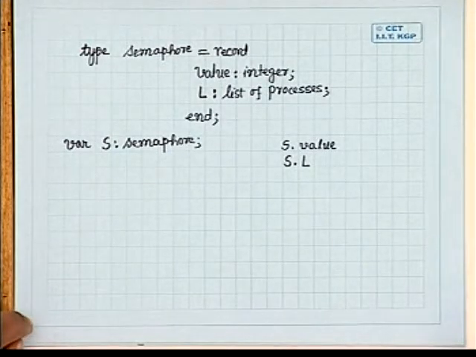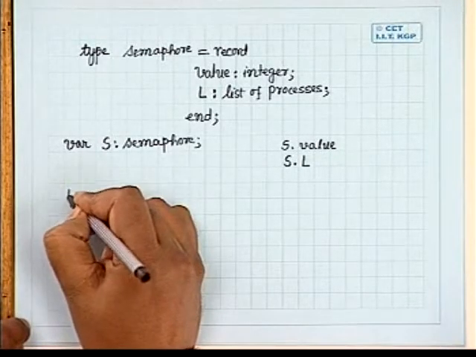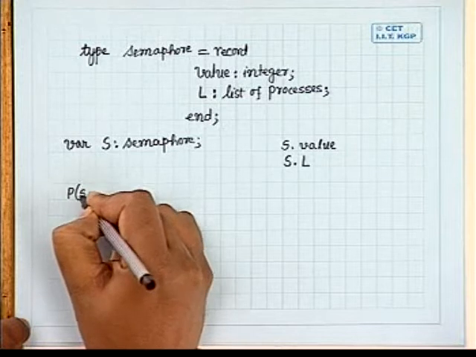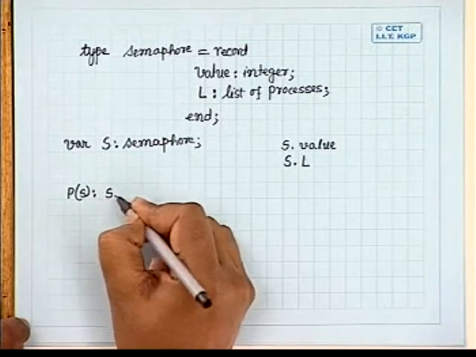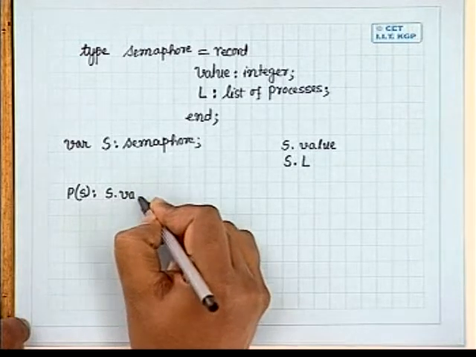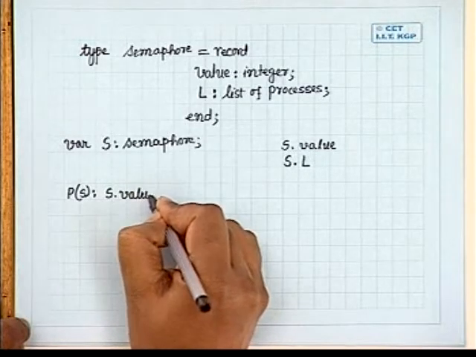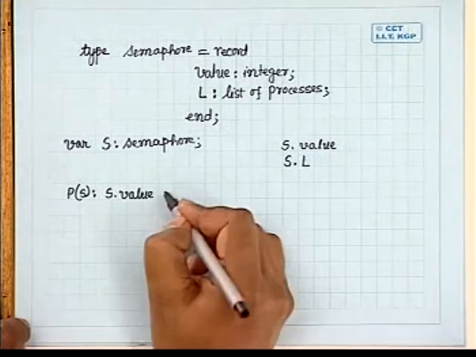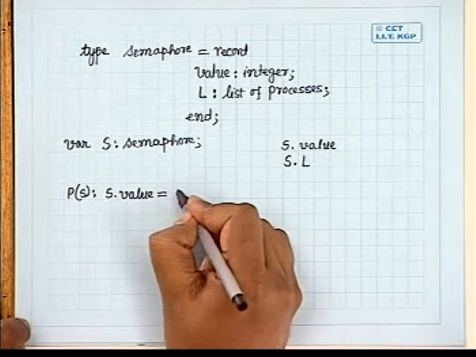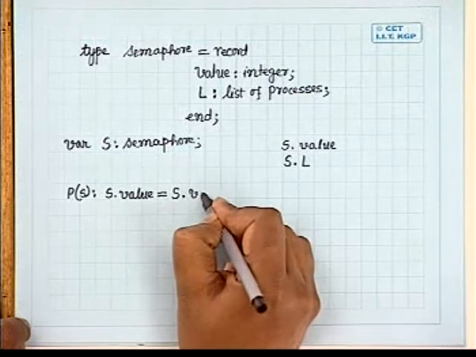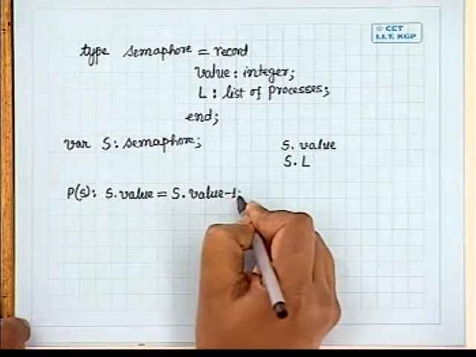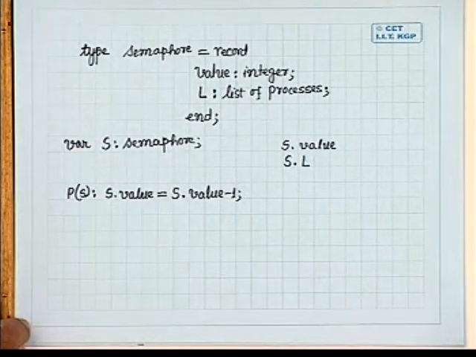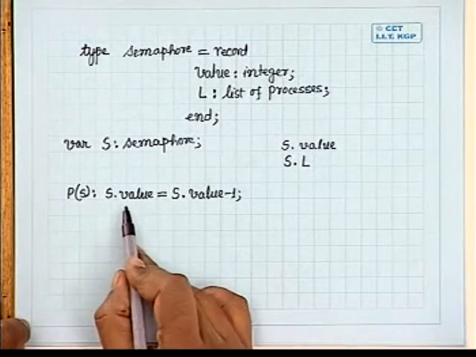And now we redefine the P and V operations. We define the P operation as follows. Firstly, in the P operation, the value of the semaphore variable is to be decremented by 1. So first you decrement s dot value to s dot value minus 1. Okay. Then you check the value.